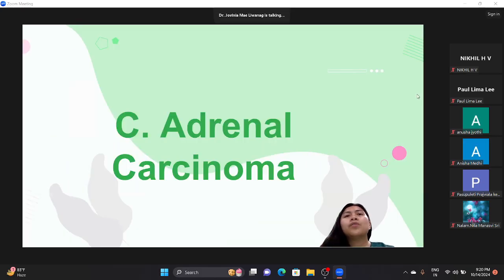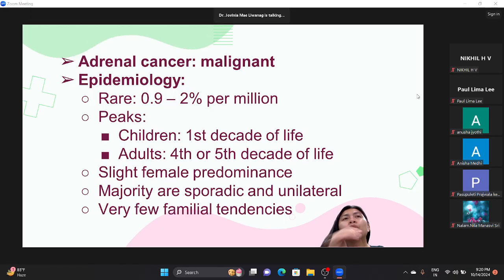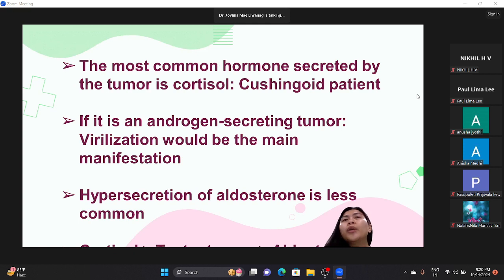So, another one is adrenal carcinoma. The most common one is adrenal cancer, which is malignant, but it's rare. There is a slight female predominance, and the majority are sporadic or unilateral. So, the most common hormone secreted by the tumor is what?